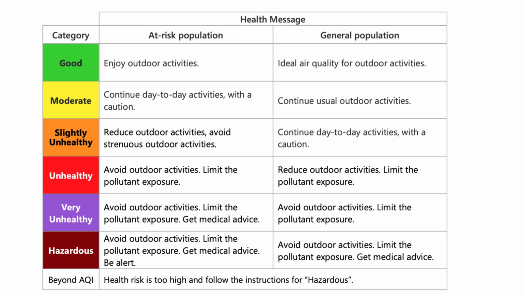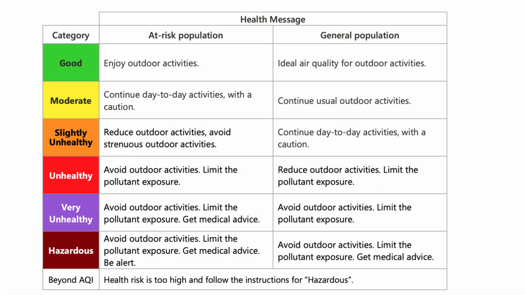And the unhealthy level, which is red, the at-risk population has to avoid outdoor activities and limit pollutant exposure as well. And for the general public, they have to reduce outdoor activities and limit pollutant exposure as well. And when it comes to the purple level, which is very unhealthy, the at-risk population has to completely avoid outdoor activities, limit pollutant exposure, and get medical advice as well.